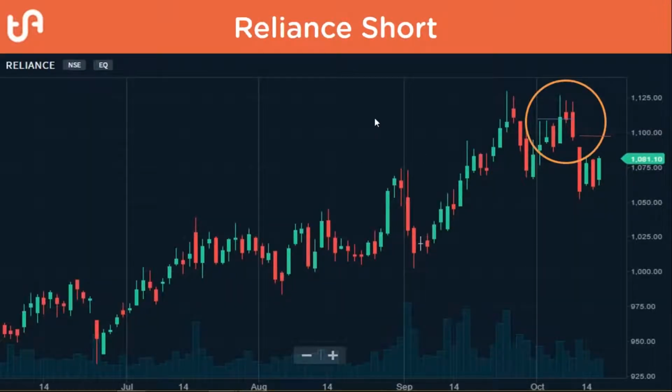So here's an example. This is the swing high that we have taken. So we draw this line over here, this blue line. Chart period is daily. You always do this on a daily chart. So this is the swing high. We draw the EOS line.